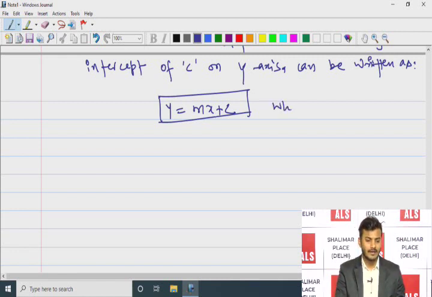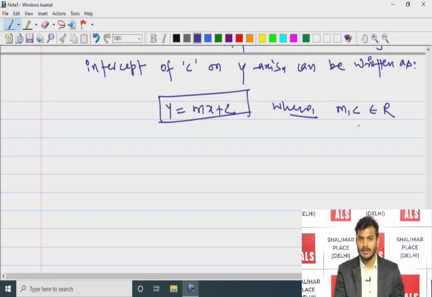Let me write here that m and c belong to real numbers. I think I have already explained why m and c can be real numbers. Now we can discuss different cases, when c is positive and c is negative. What if c is 0?